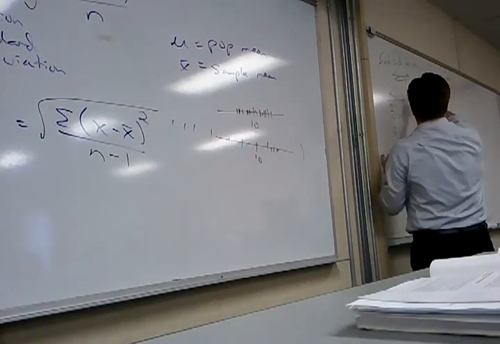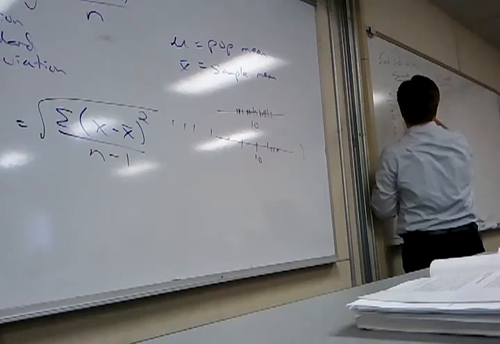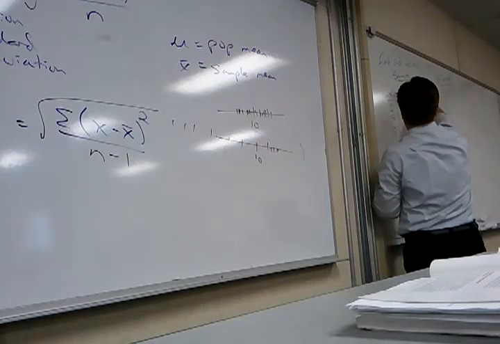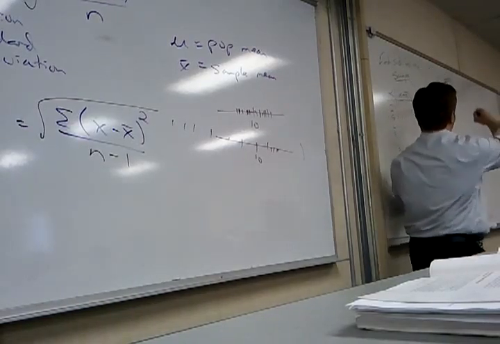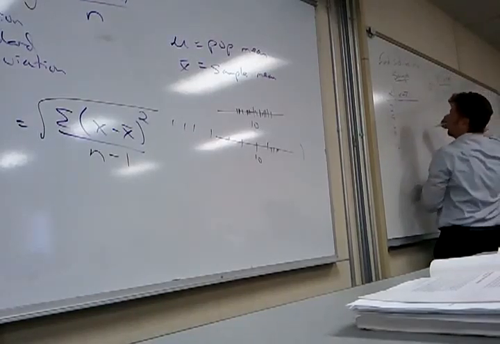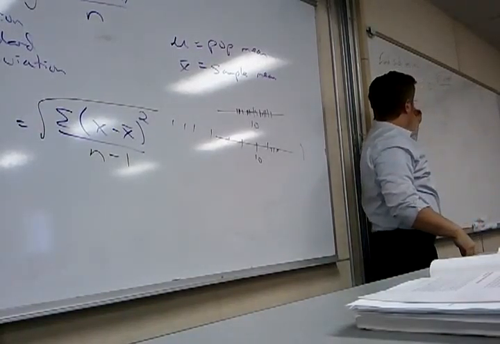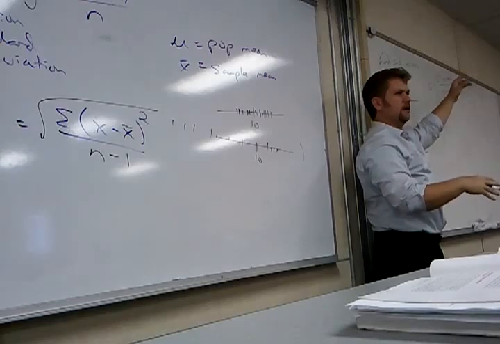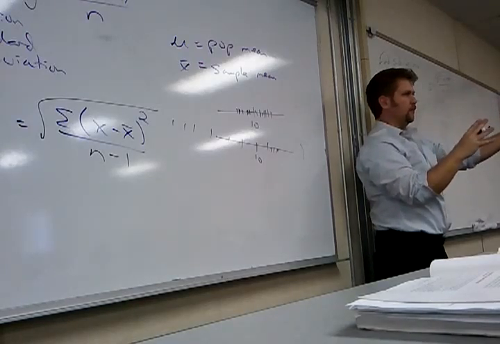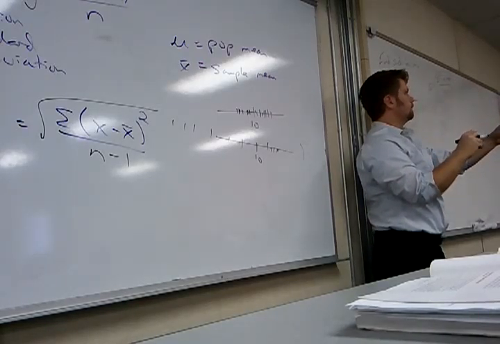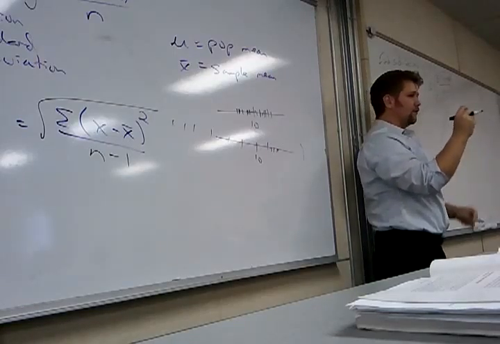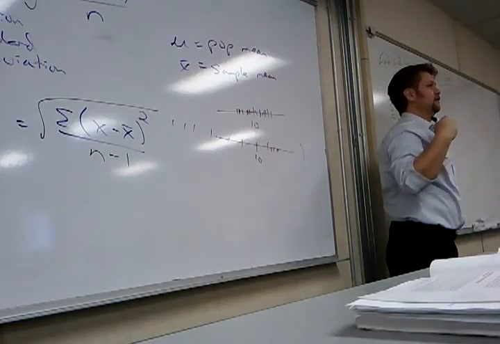So what do I need to do maybe first? You need to square root it. Oh yeah, square root. So I first need to figure out the difference from the mean. How far away does each data point get from the mean? That's what I need to figure out first. So actually, before I can even do that, I need to figure out the mean.